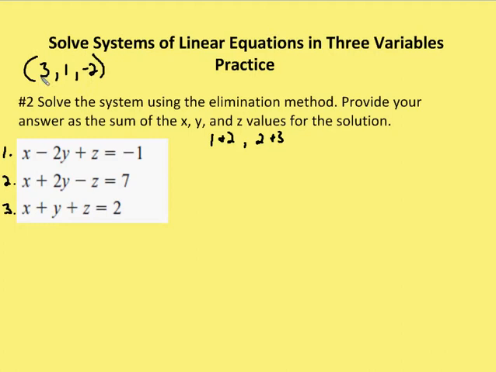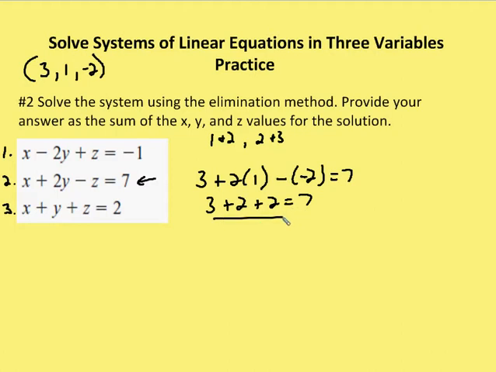So I'm going to substitute these values for x, y, and z back in the second equation, and I get 3 plus 2 times 1 minus 2 is equal to 7. So that's 3 plus 2 minus 2 is equal to 7. 3 plus 2 minus 2 is equal to 7 is true. So this holds true.